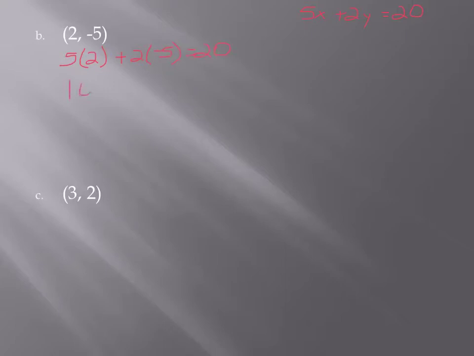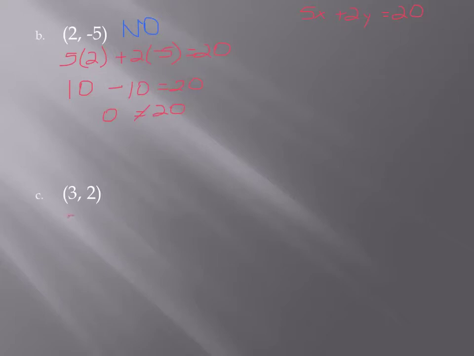So 5 times 2 is 10. 2 times -5 is -10. 10 minus 10 is 0. 0 is not equal to 20. So in this case, no, 2, -5 does not lie on the line 5x plus 2y equals 20.